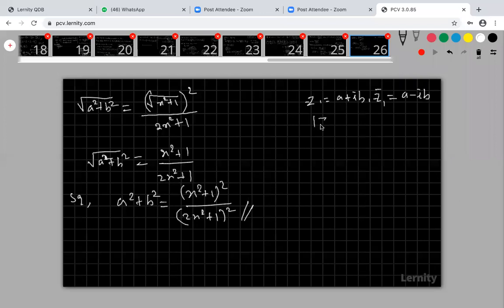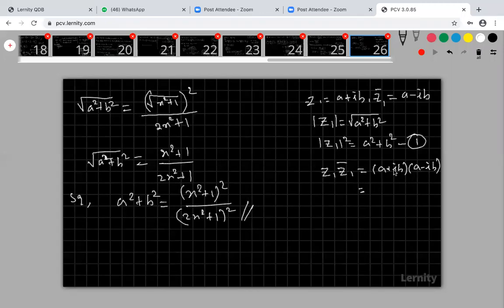What is my modulus of Z1? Root of a square plus b square. What is my modulus of Z1 square? That is a square plus b square alone. Now come to Z1 into Z1 bar. My Z1 is a plus ib and Z1 bar is a minus ib. You multiply that; this is the a plus b, a minus b formula: a square minus b square.